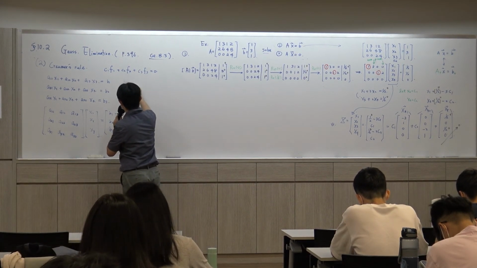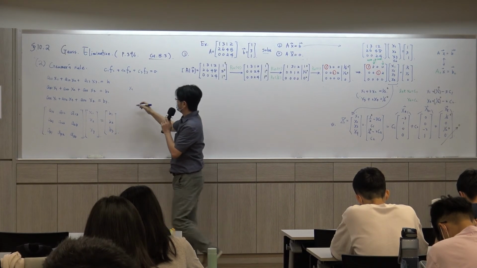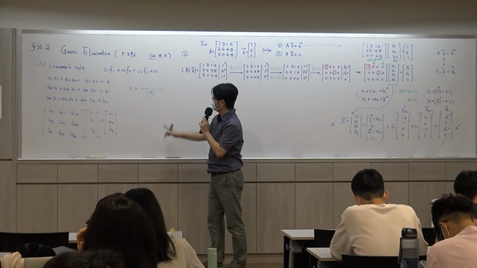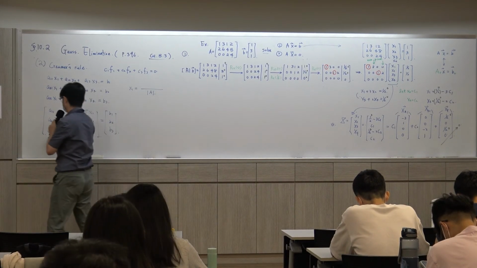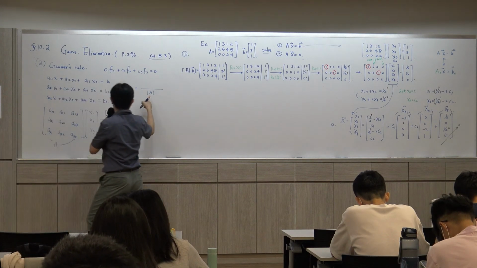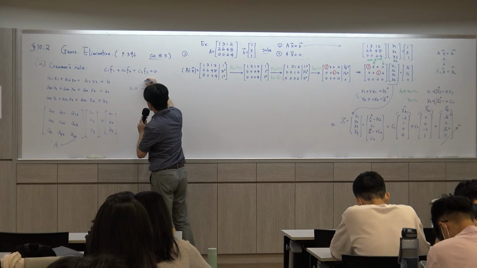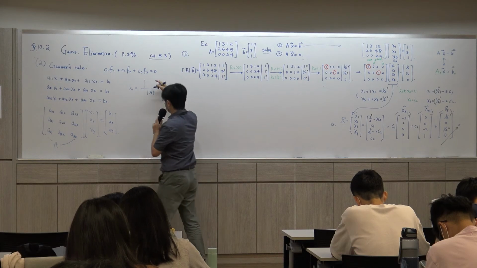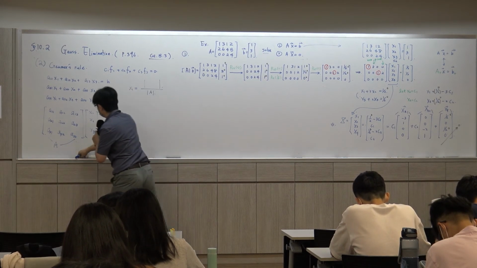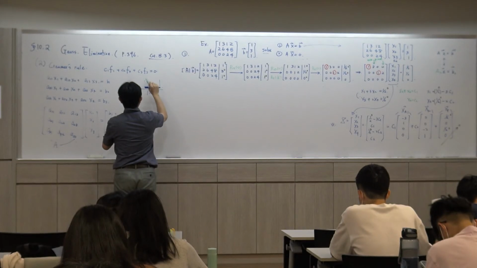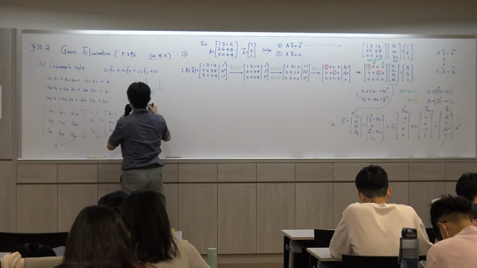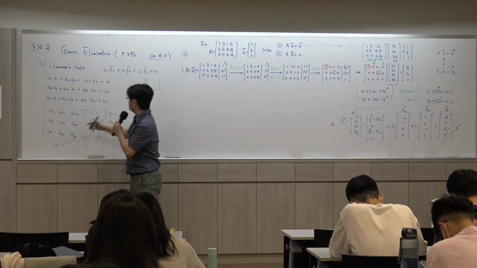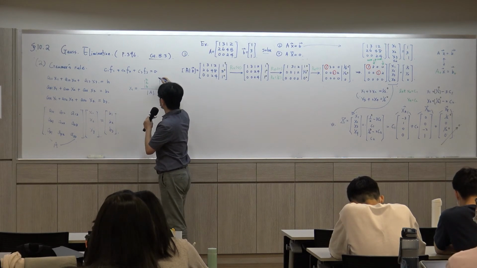So here we can have this one equals to the determinant of the coefficient matrix. And in the numerator, we replace the first column with B1, B2, B3.